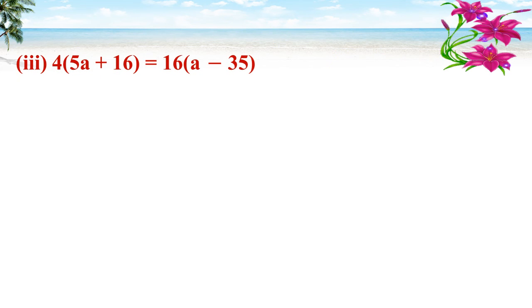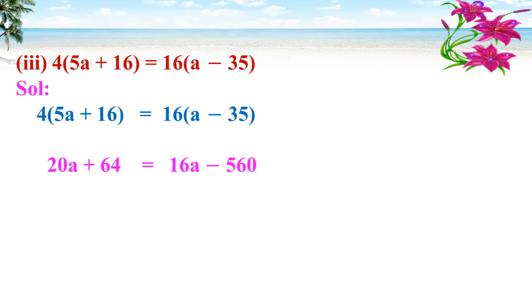Let's see the third problem. 4 of 5a plus 16 is equal to 6 of a minus 35. Now take the equation. Now multiply 4 with what is inside the brackets. 4 into 5a, 20a plus 4 into 16, 64 is equal to 6 into a, 16a minus 16 into 35, 560.